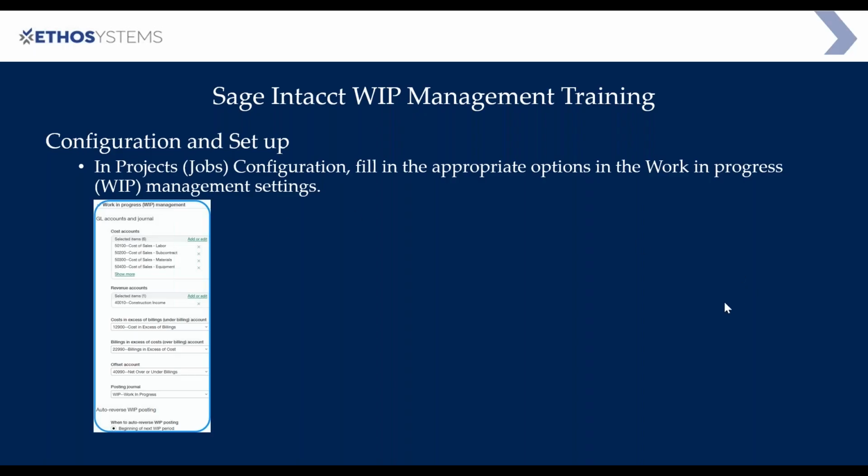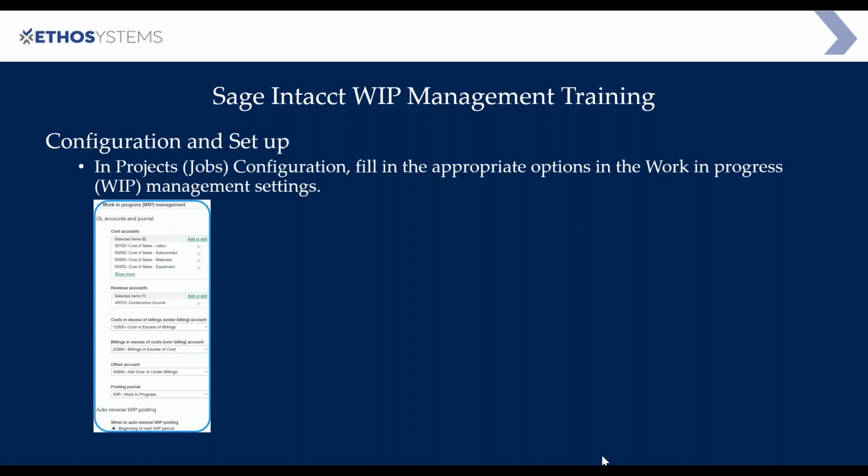Okay. So next thing is let's start getting into how to actually configure and set up the WIP management functionality inside Sage Intacct. So the first thing you're going to do is go into the projects or job application and go into configuration. And inside configuration, you're going to see a piece that says work in progress management.